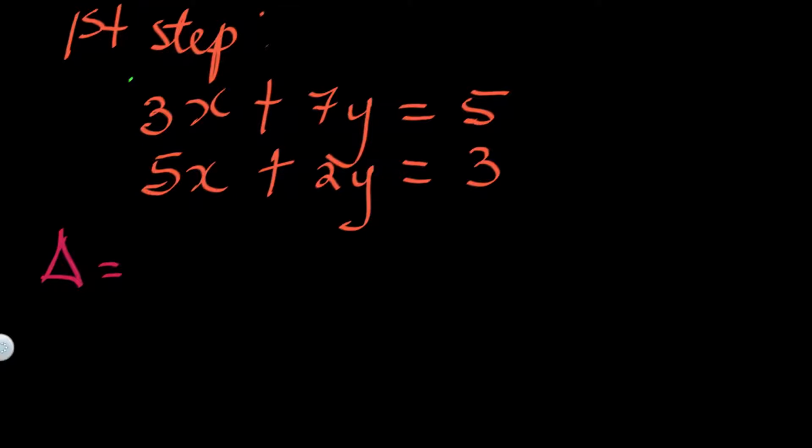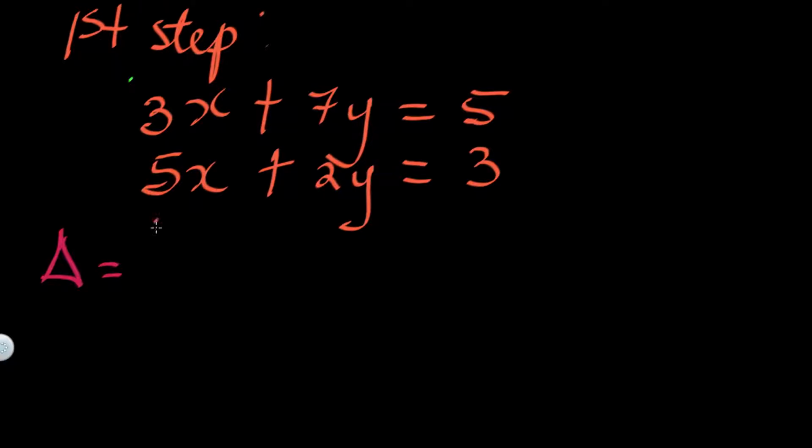Delta is the determinant of coefficients. What are my coefficients? 3, 7, 5, and 2. These are my coefficients. So delta is simply the determinant of those coefficients.